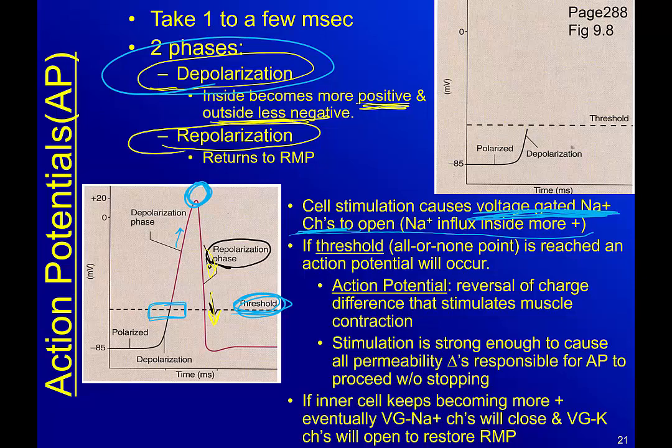Once that threshold of the hammer hitting the flint on that bullet happens, you're done. That gun's firing no matter what. Same here. Once I reach threshold here, I'm going to have that depolarization no matter what. That's what threshold is. It's that all or none, you're gonna get an action potential, okay?